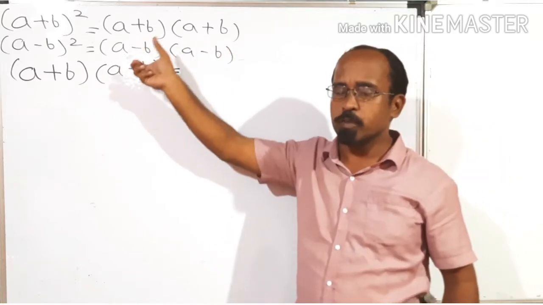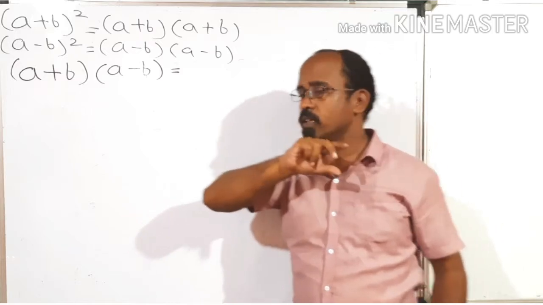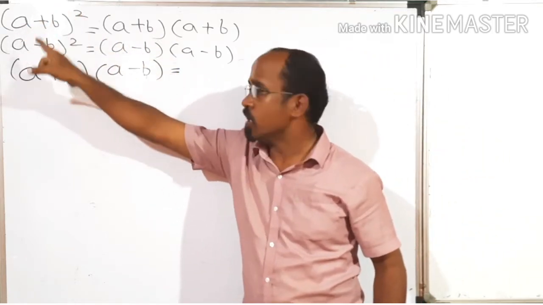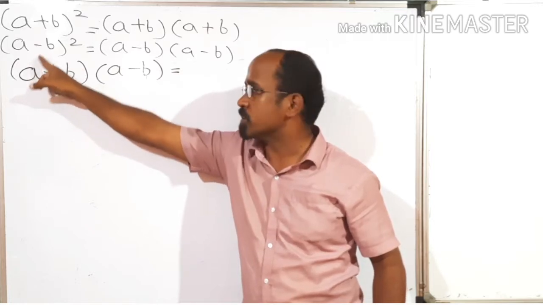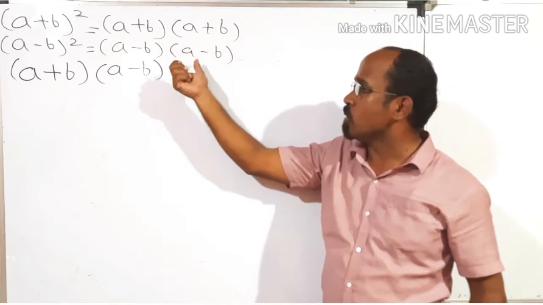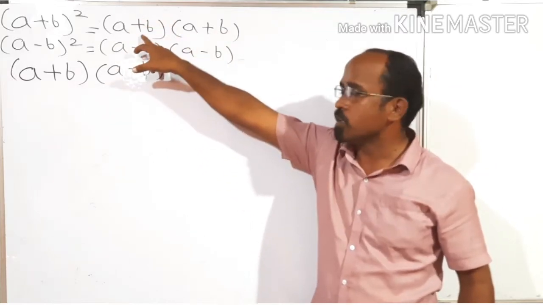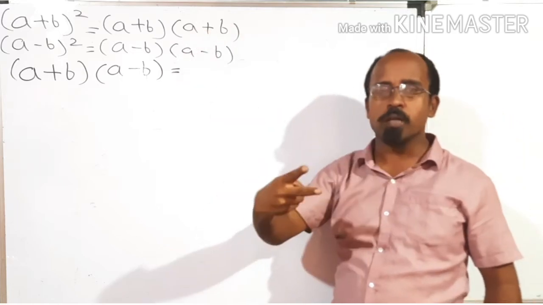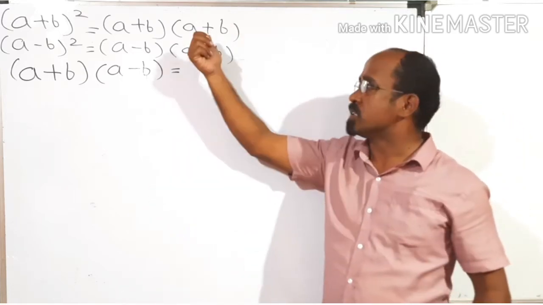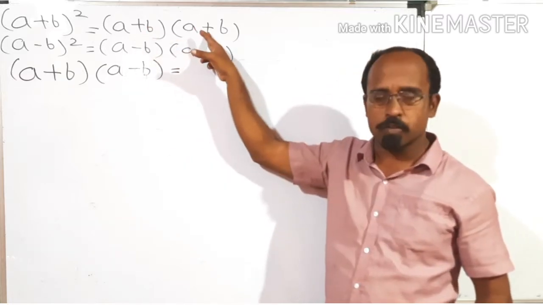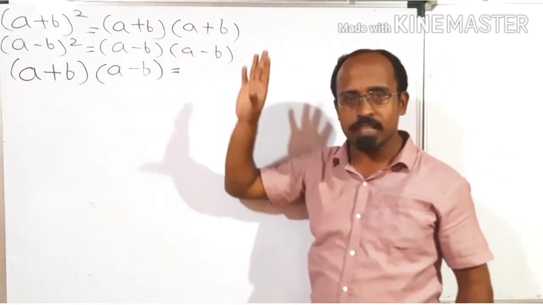Now if you will observe this formula, see one thing. In this formula there are two terms, a plus b. In this formula also there are two terms, a minus b. But the symbol between both of the terms is same. Here the symbol is plus, here is also plus, means the two terms are same, a and b, and the symbol between both of the terms is also same, plus in first formula and minus in second formula.